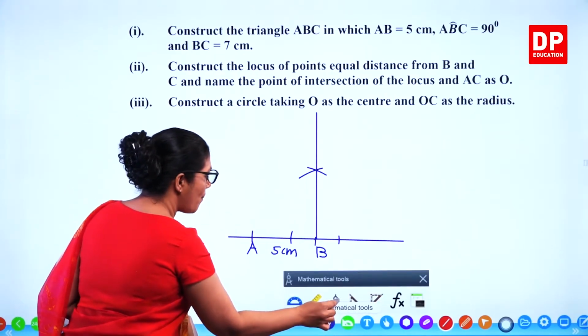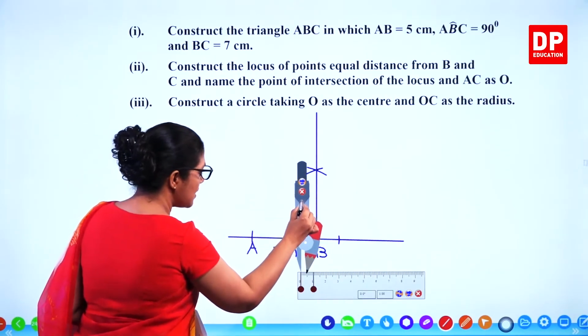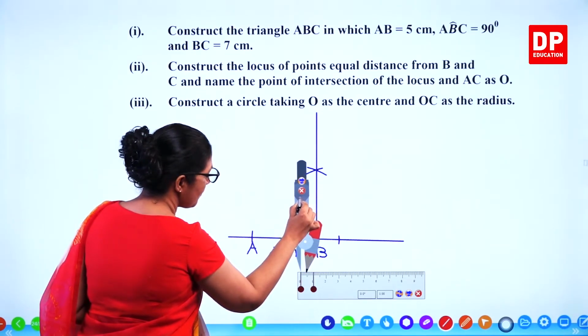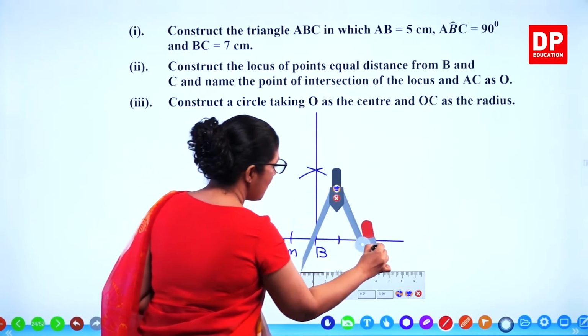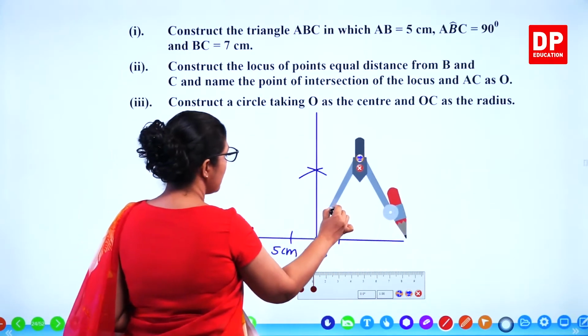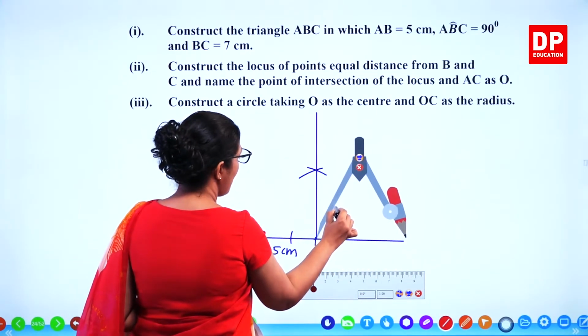So take the compass and measure 7 centimeter length, and mark C point.